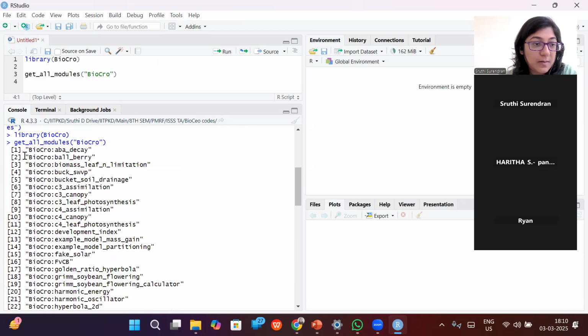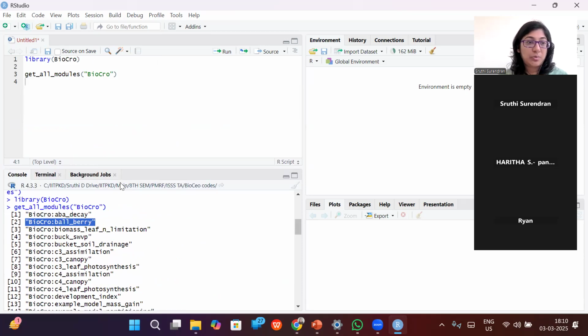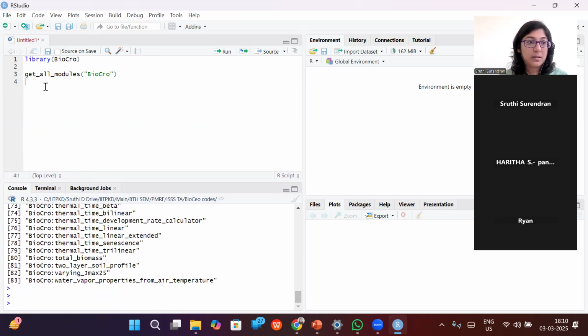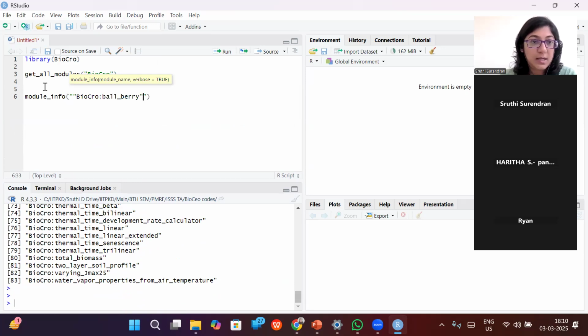So I can see here BioCro Ballberry. So I'll be checking what this BioCro Ballberry is all about. In order to do that, I will now use the module info function and input this.